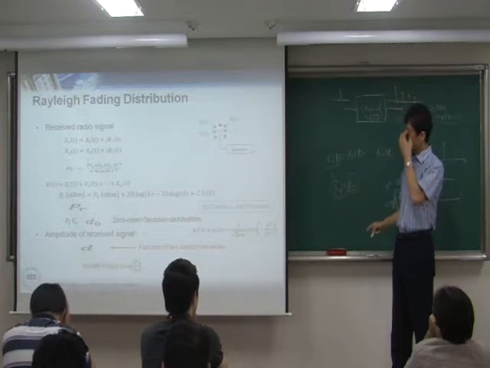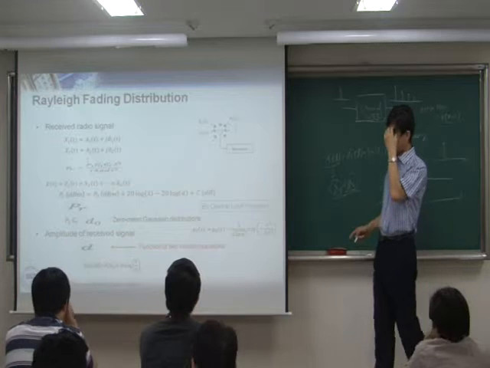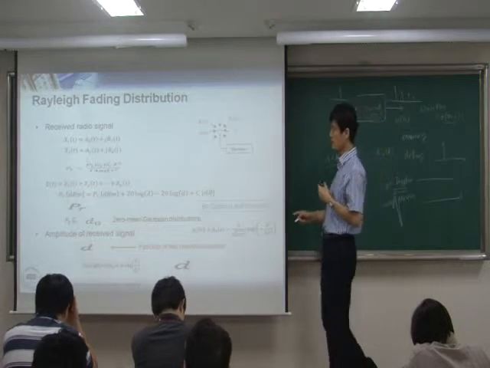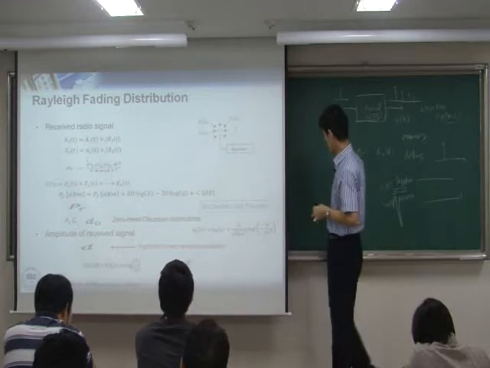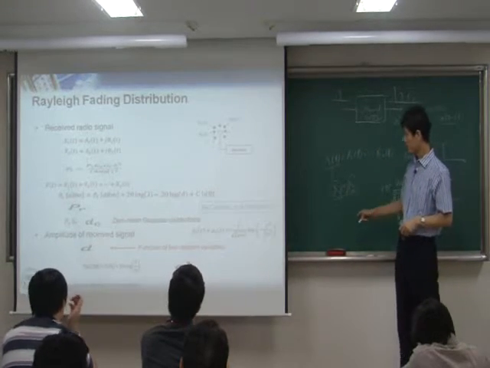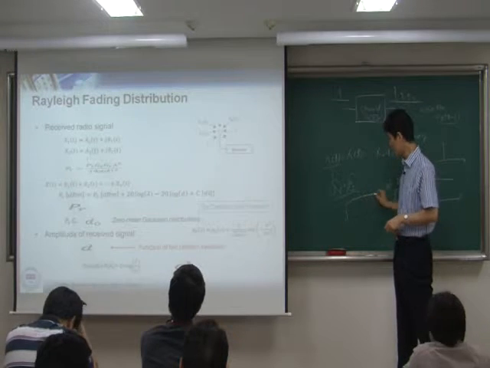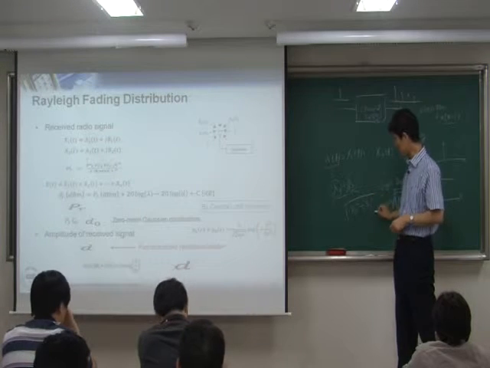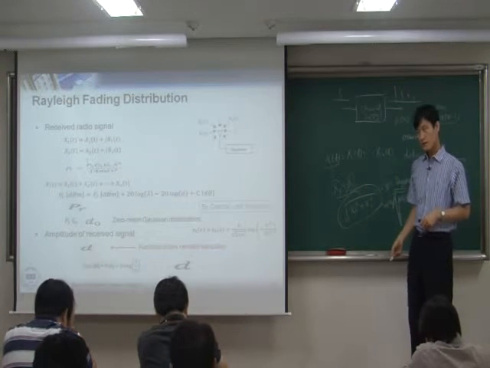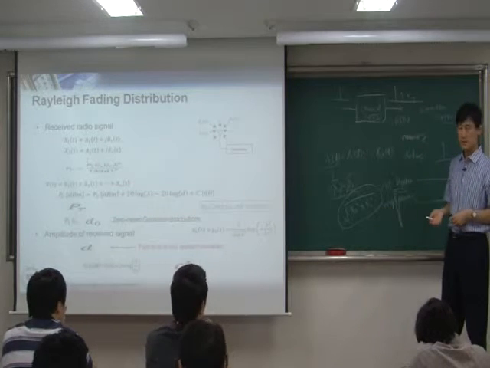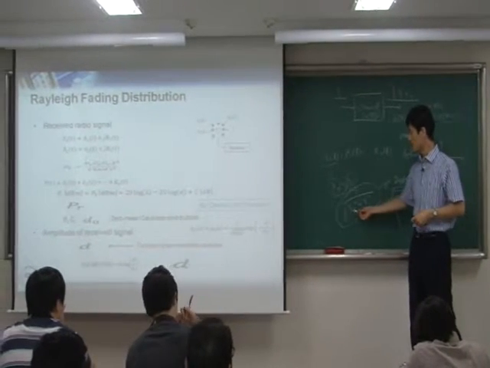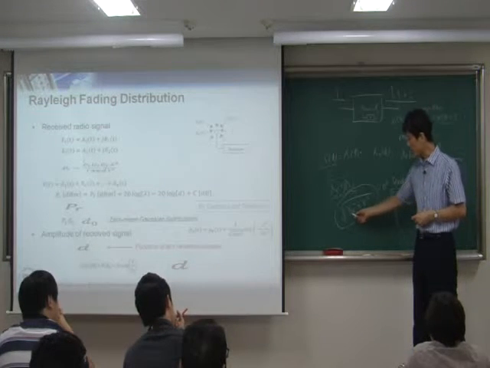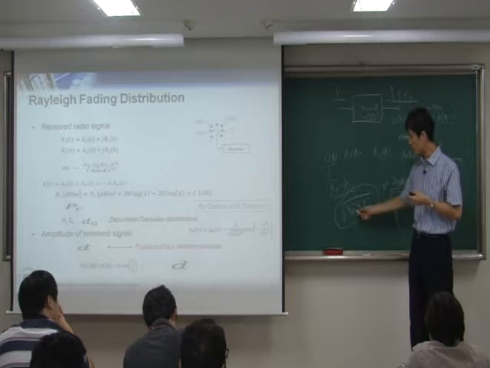Given that what we are interested in is to find out the amplitude of the received signal. How can you find out the amplitude? Here the amplitude is going to be the square root of x_r squared plus x_i squared. That's the amplitude. Now it becomes a mathematical problem. This is a Gaussian random variable, and there's another Gaussian random variable. There are two independent Gaussian random variables.